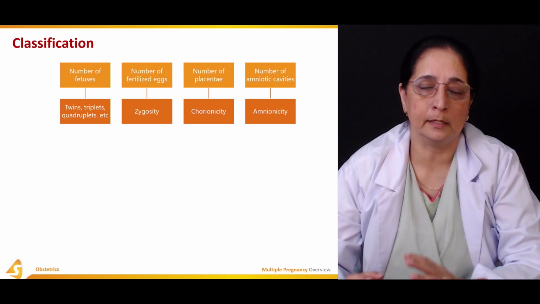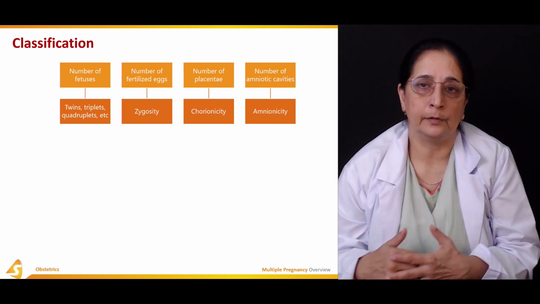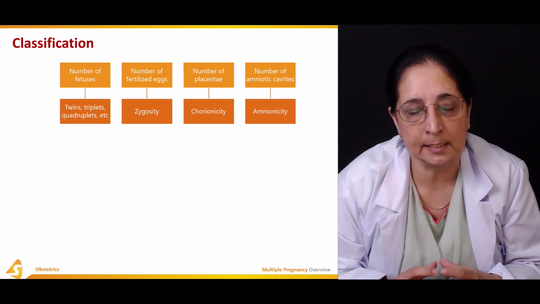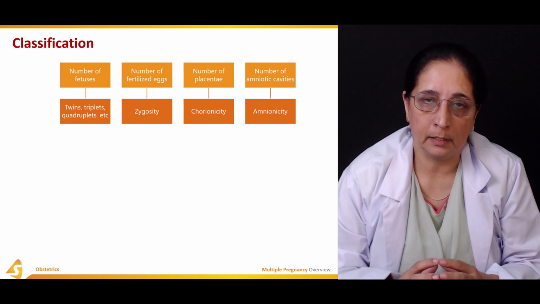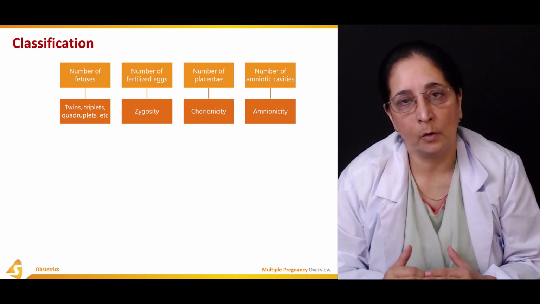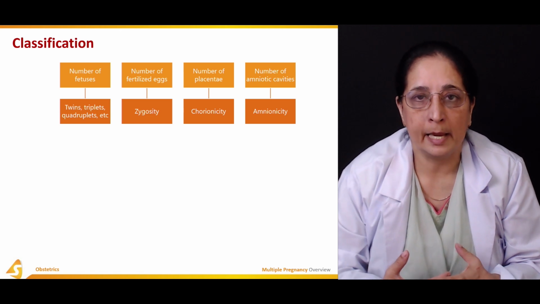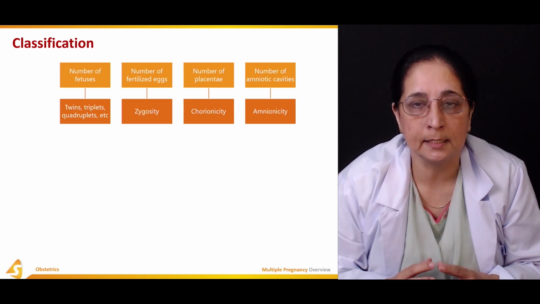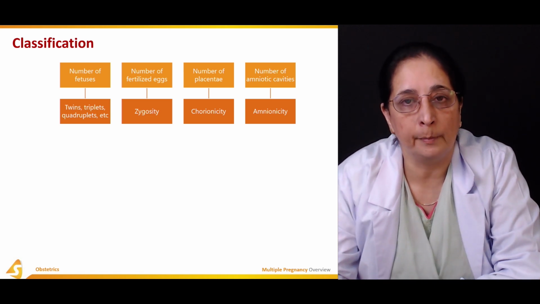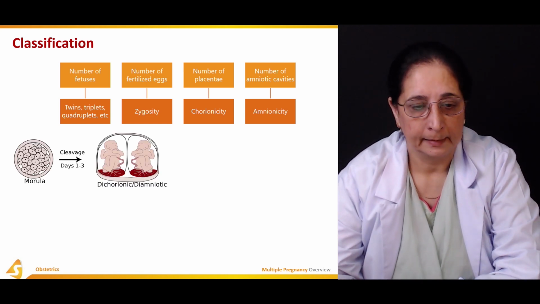So all these are the different types of classification, depending on the number of fetuses, the number of eggs fertilized, and how many placentas and amniotic cavities are present. That gives the classification of multiple pregnancy.